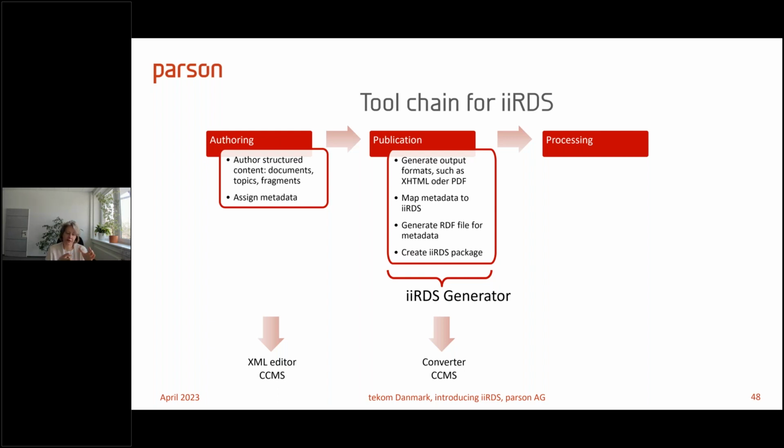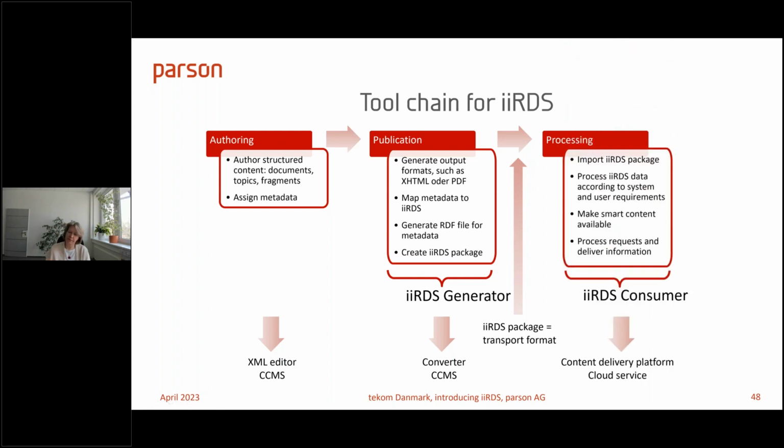They take the structured content, create the output formats like PDF, HTML, or just XML, and map the metadata that is embedded in the content or assigned to the content, and generate the RDF file with the iiRDS metadata from that. And then they pack it all together in a package, and then you have an iiRDS package. That's what I said before. This iiRDS is just a transport format from the authoring world to the delivery world.